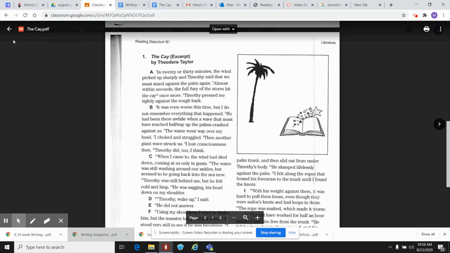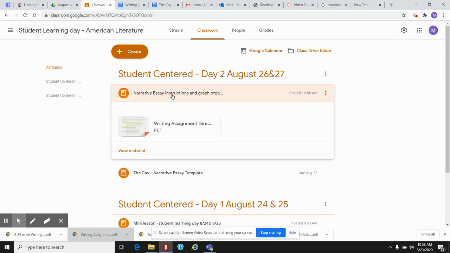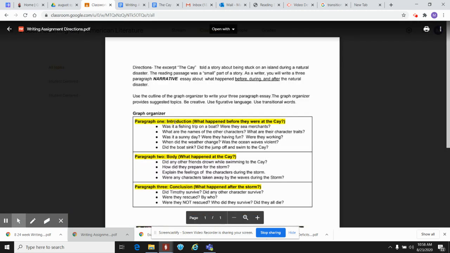So, using what you read, the K, which was for day one assignment, you are going to write a narrative essay. Now, I'm going to give you instructions, which is on Google Classroom, on what you need to do.